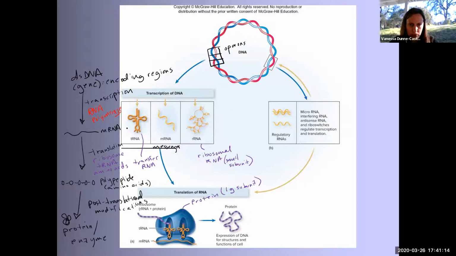Note that transcription occurs not just for that gene region, but all of these RNA units come from DNA, from different regions. So that ribosomal subunit and those transfer RNAs are all from different regions of the DNA, and transcription produces all of them. Also, just as a side note, the gene segment that encodes that ribosomal RNA is how we do something called 16S bacterial identification.